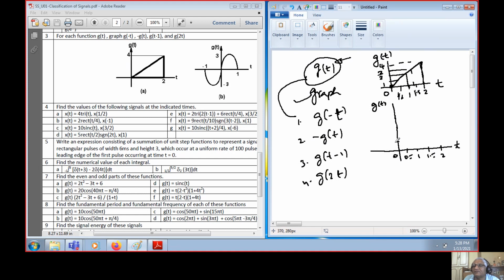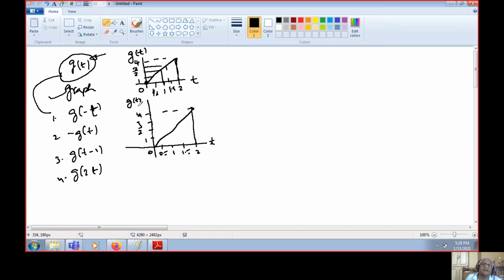Here you are having 1, 2, 3, and so you can locate this point at 2 here, and then join with a straight line. So this is a straight line. You know g(t) now.